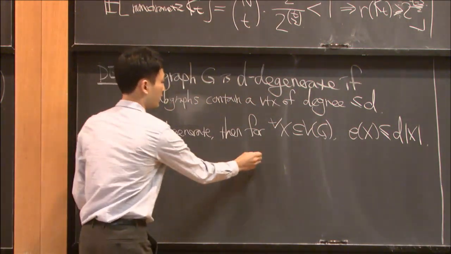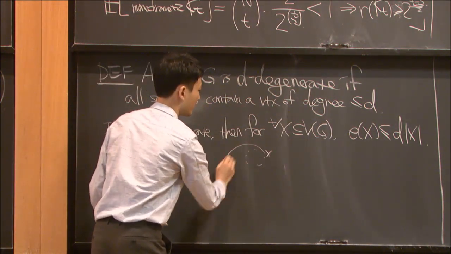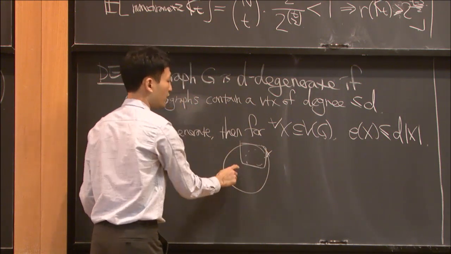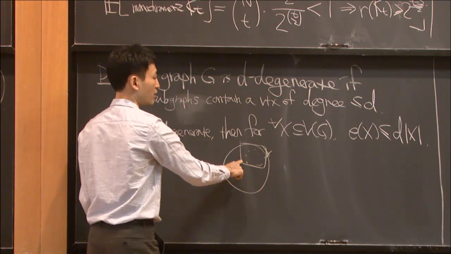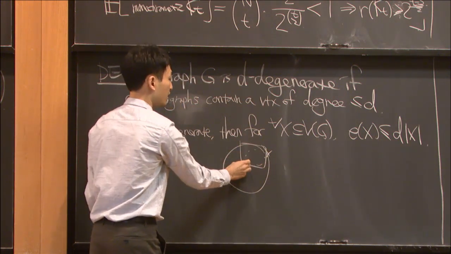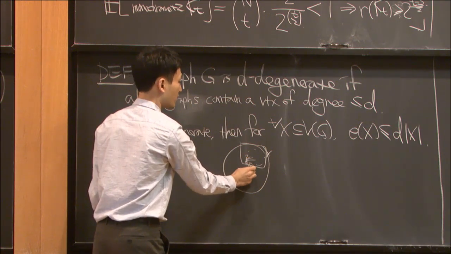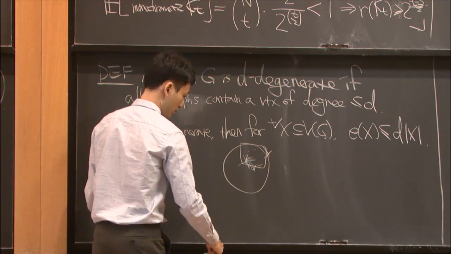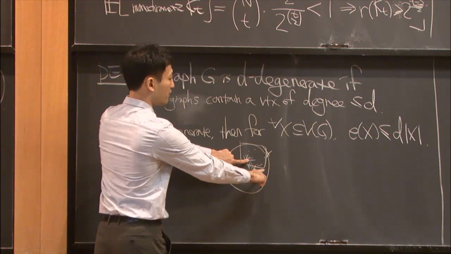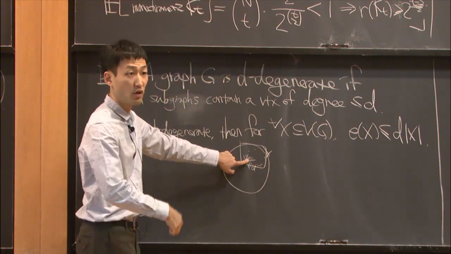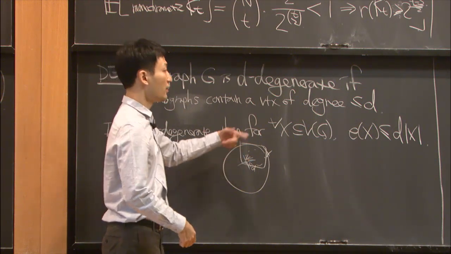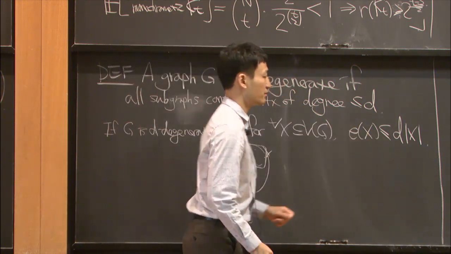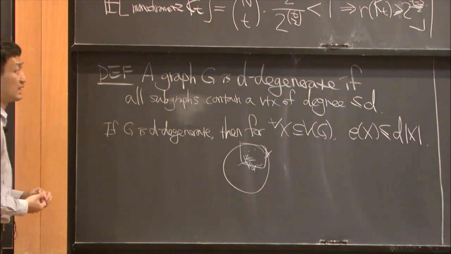The reason is, if you take a subset X, just look at the vertex of lowest degree inside the subgraph induced on X. It has degree at most d. So you remove it. Then in the remaining graph, find another vertex which has the smallest degree. It has degree at most d. Continue, and then you can see that the total number of edges is at most d times |X|.